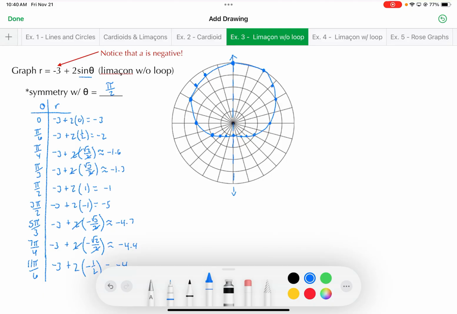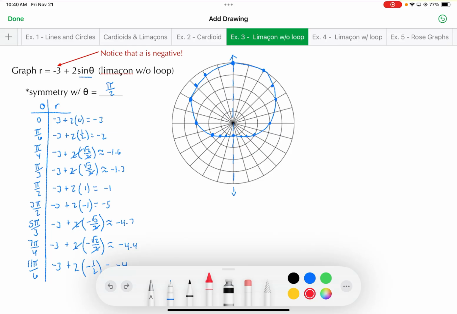The starting point when theta was 0 was over here at this point, and then we moved in that direction. So it would have actually traced out a little differently.